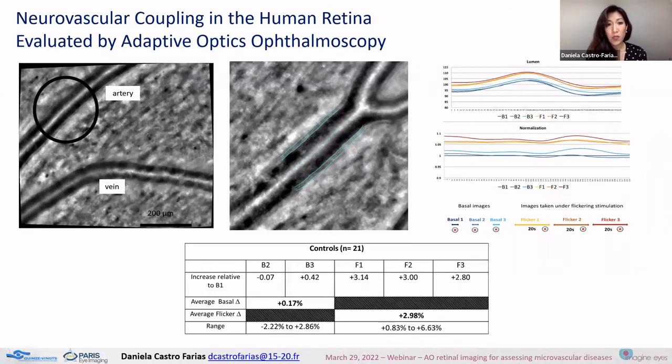And we could see that it is the same as the results obtained with the other methods that study the neurovascular coupling, with the advantage that it's a non-invasive study, you can just see the retina with a dilation of the eyes, and it's kind of quick.